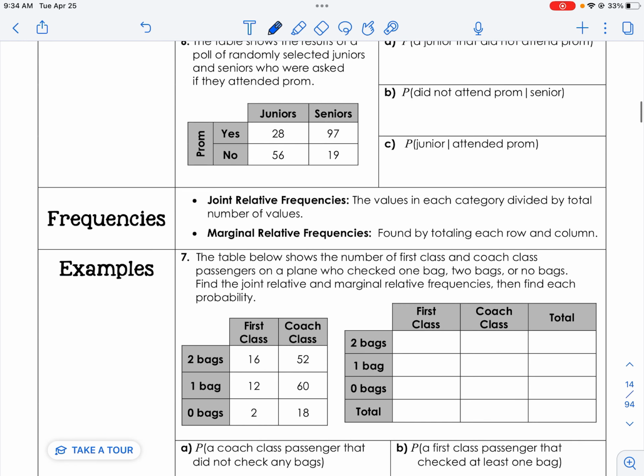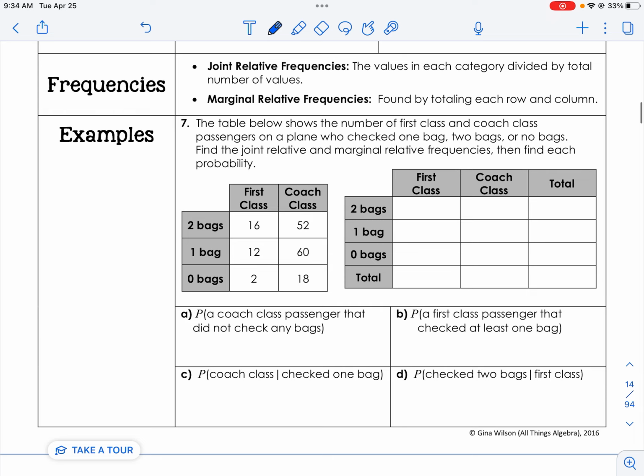Okay, moving down, when we talk about frequencies, I'm going to talk about joint relative frequencies and marginal relative frequencies. Let's just start with this example here. The table below shows the number of first class and coach class passengers on a plane who checked 1 bag, 2 bags, or no bags.